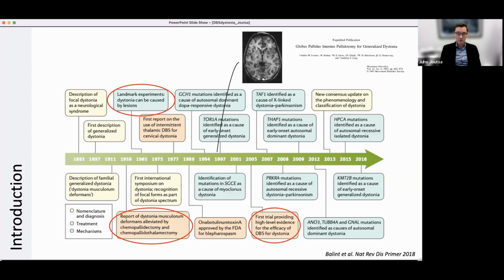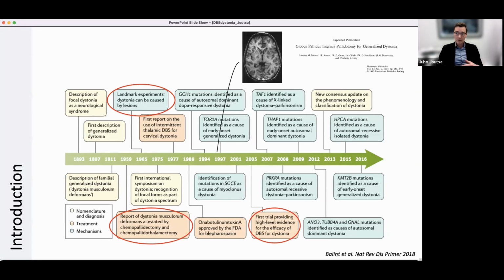But of course, this view changed, and I took this figure from a relatively recent review highlighting some of the major milestones in dystonia research towards our current understanding of dystonia. And I took the liberty of highlighting a couple of events in this timeline, which are relevant for this talk.